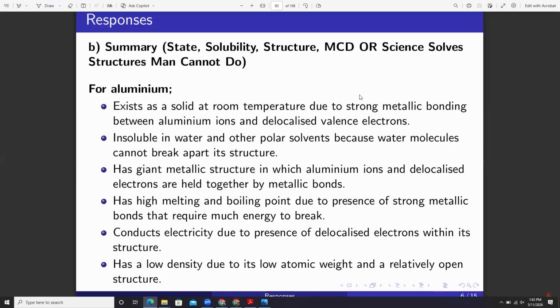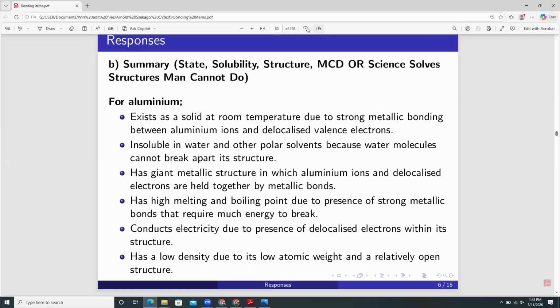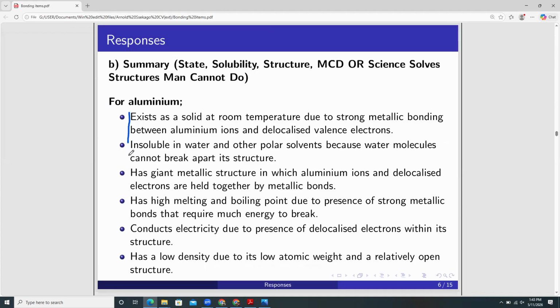So the first 5 properties: exists as a solid, insoluble in water, has giant metallic structure, high melting point, conducts electricity.